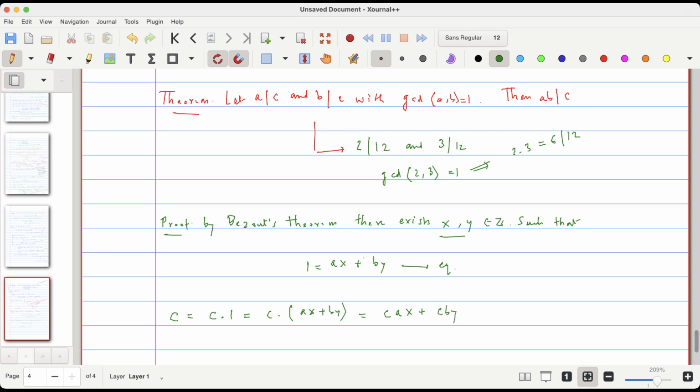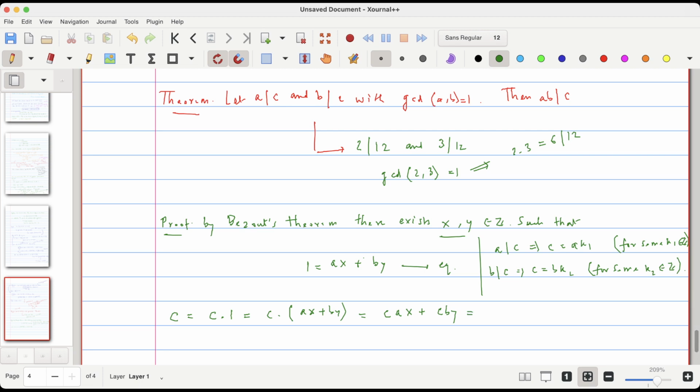And now we can use our fact that A and B both divide C. A divides C means C equals ak1 for some integer k1, and B divides C implies C equals bk2 for some integer k2.